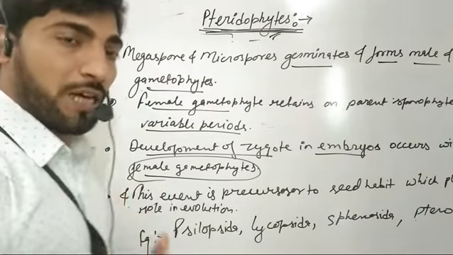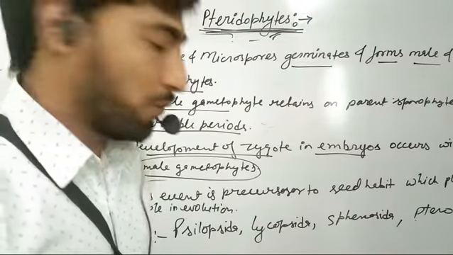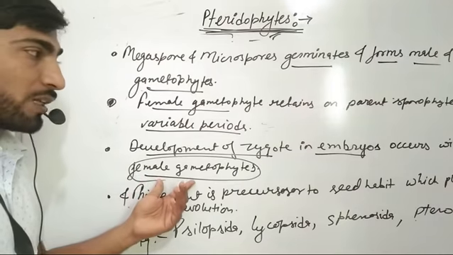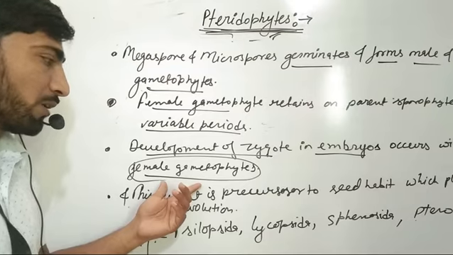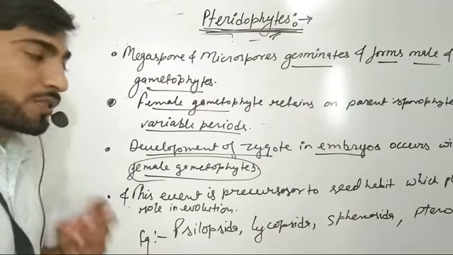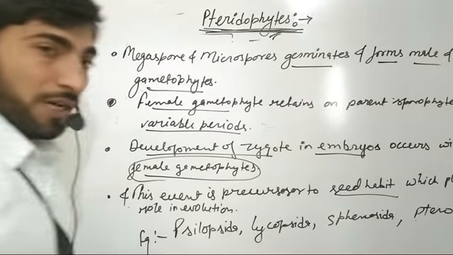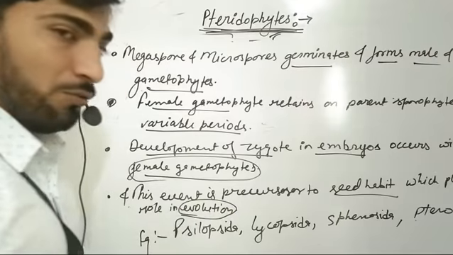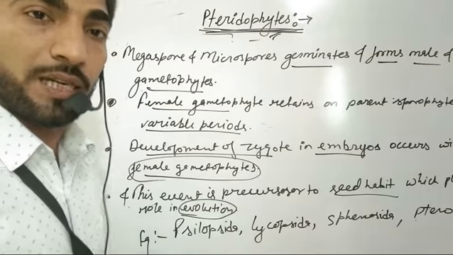This event, the conversion of zygote into embryo within the female gametophyte, is a precursor event for the seed habit, and it plays an important role in evolution, which is one of the economic importances of these pteridophytes.